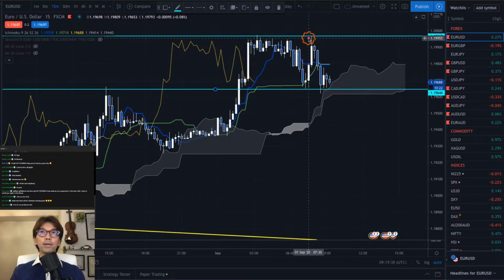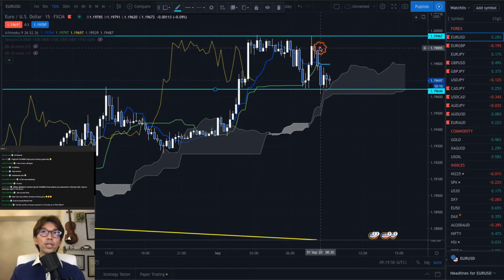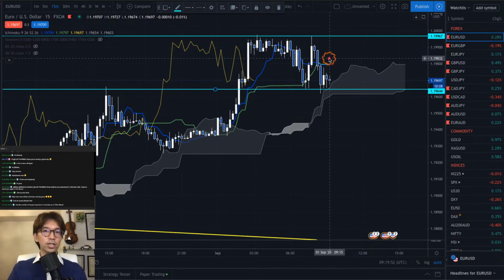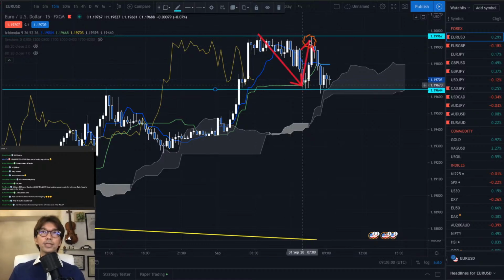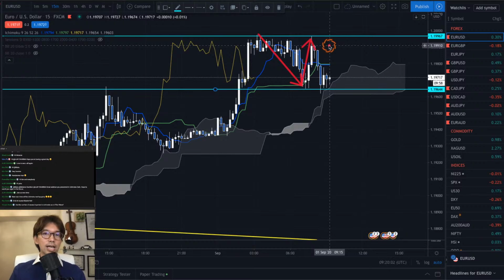So if the next high gets a little bit lower than the previous high, then this is going to be the reverse N wave. But as you can see, the wick pointing upwards actually went all the way to the same level, on this 1.19967 area. So actually this was the V wave, and after that this is an I wave now.